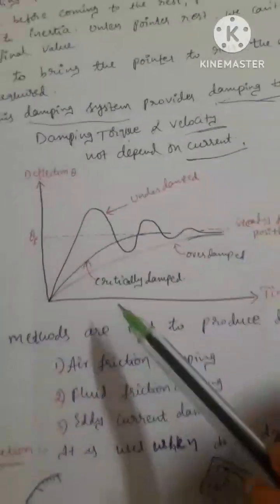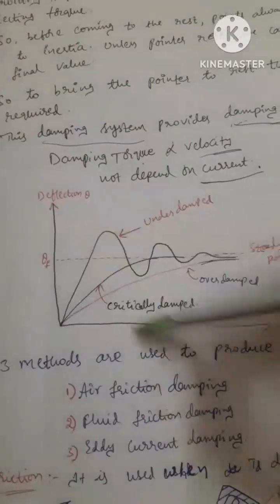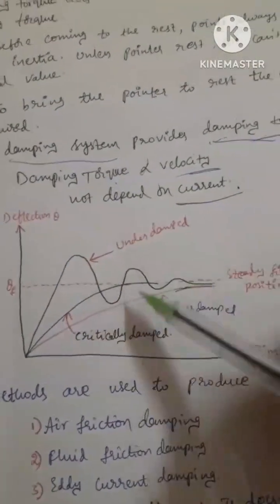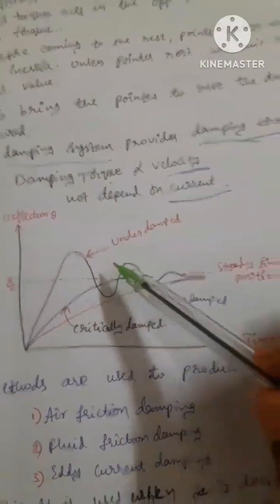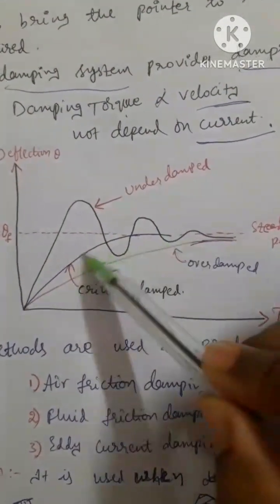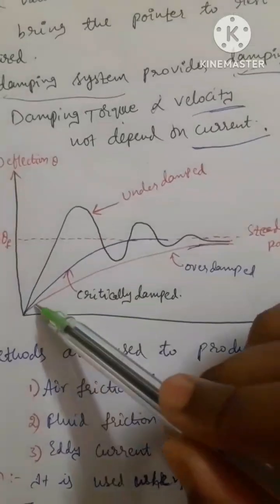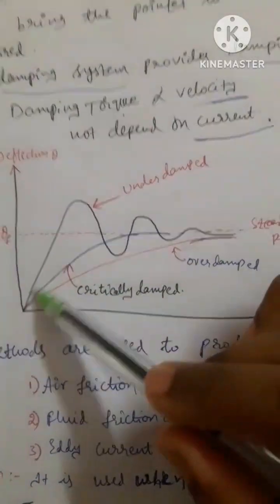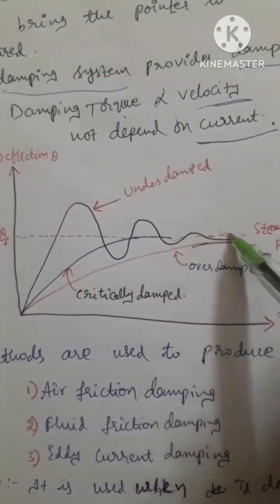So if we see in this figure, in this graph, this one is critically damped. This is over damped. These oscillations are under damped.